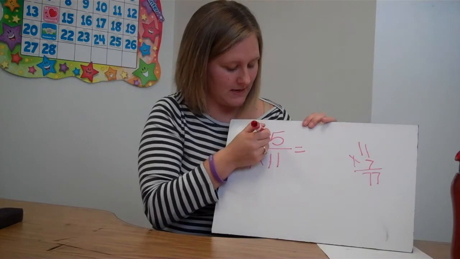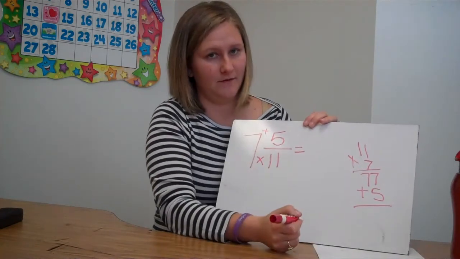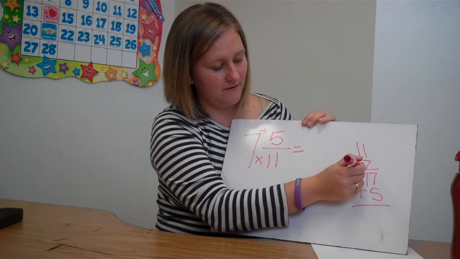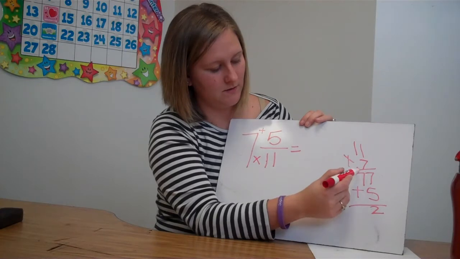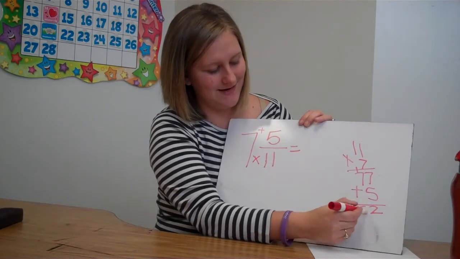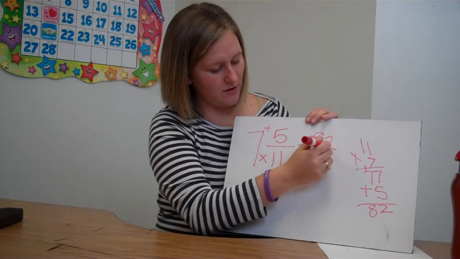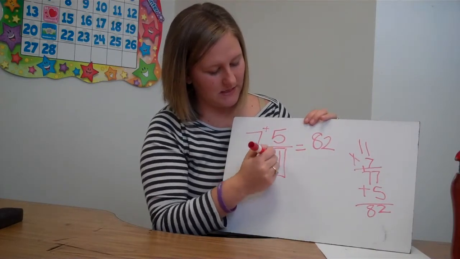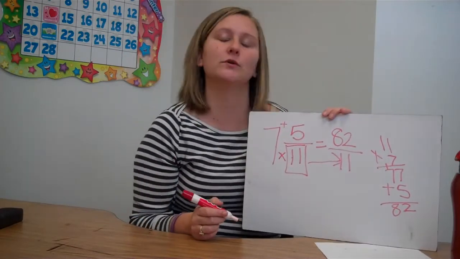So I multiplied, now I add. Then I can just add 5. 7 plus 5 is 12. 2, carry my 1. 1 plus 7 is 8. Okay, so then it would be 82 as my numerator. My denominator stays the same. So it would be 82 over 11.